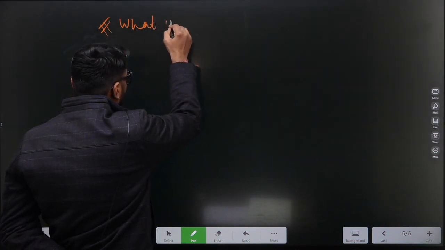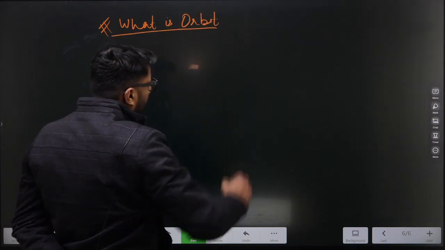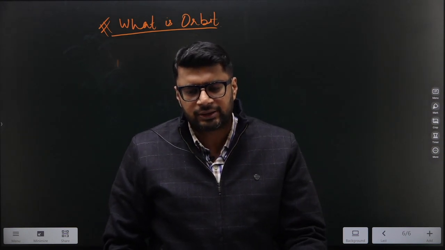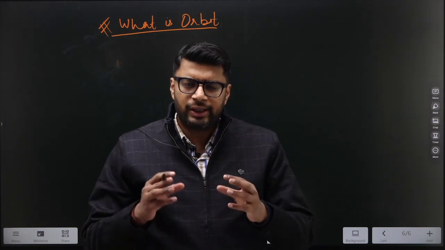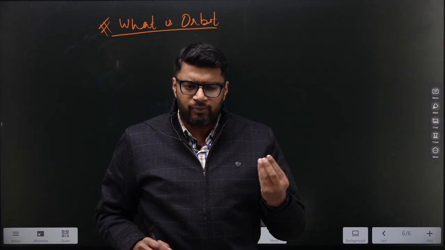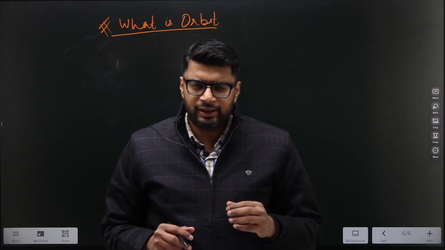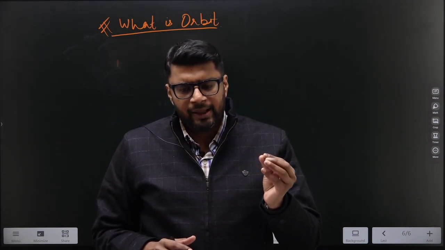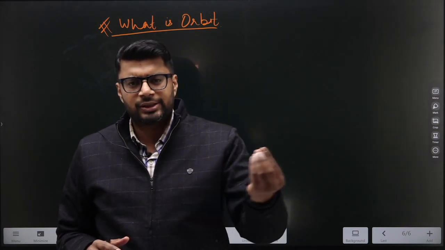What is orbit? In simple words, orbit is a path in which a body revolves around another body. In space, orbit is a path in which a celestial body revolves around another celestial body.